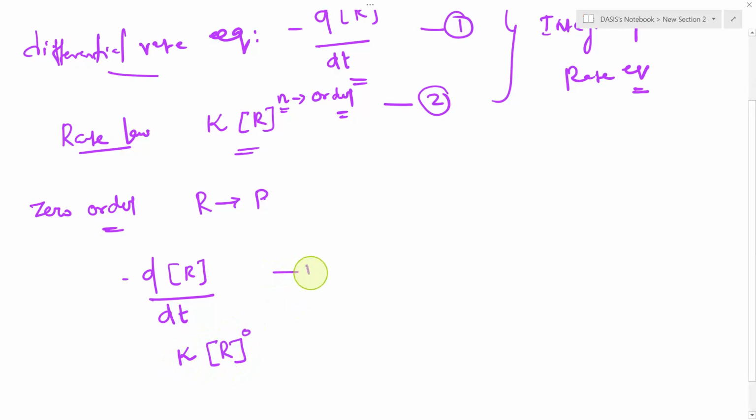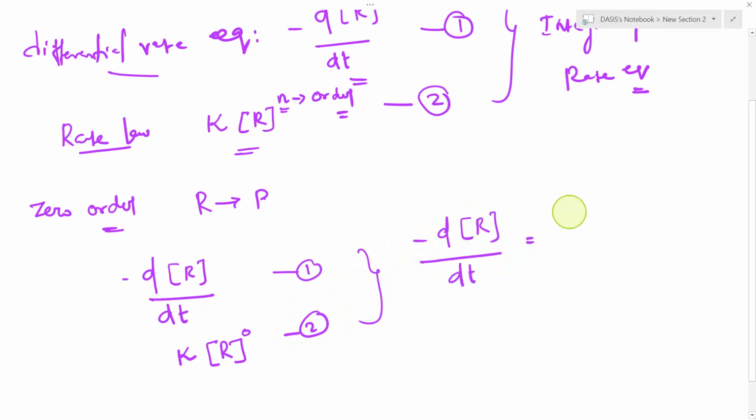Let us consider this as equation number 1, this as equation number 2. We are going to equate these two. So minus dR by dt is equal to k into concentration of the reactant to the power of its order. Here it is a zero order reaction, so I am writing 0 here.